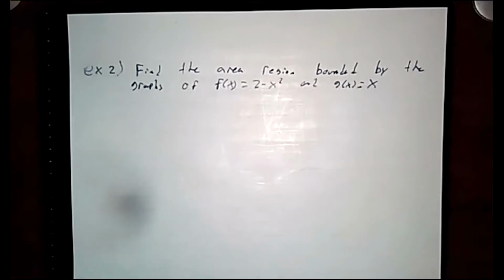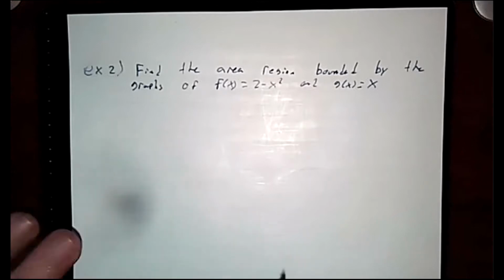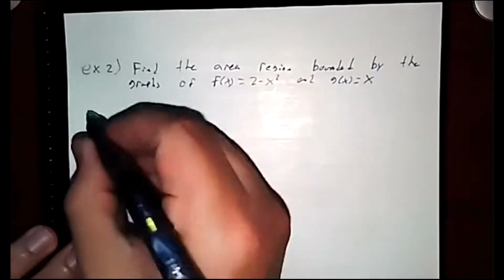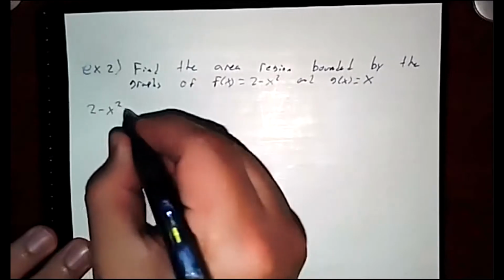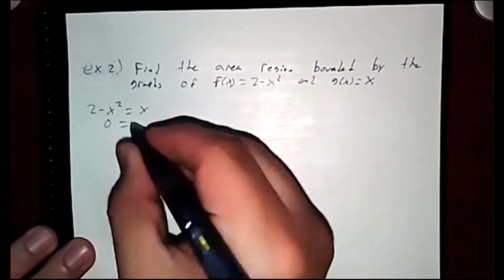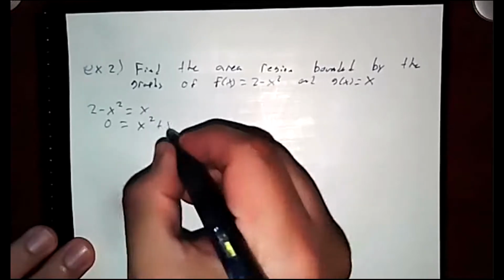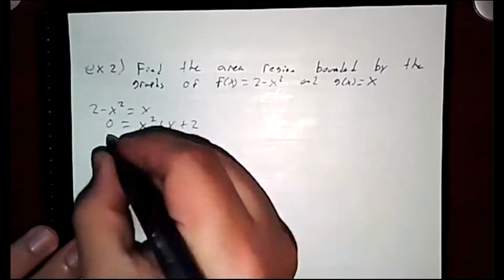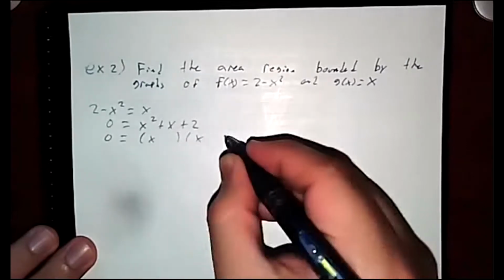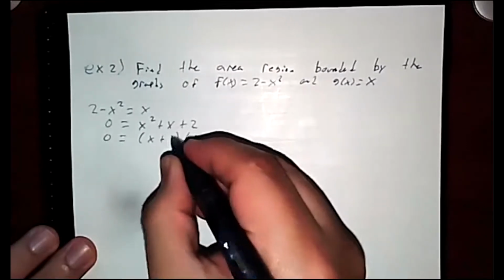So let's see here. To do this all by hand, to find intersection points, you have to set the functions equal to each other. So 2 minus x squared equals x. Set it to 0, because that's how you solve quadratics, right? We all know this. Factor this, that would be x and x plus 1.